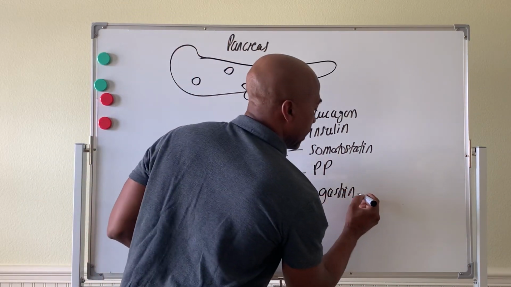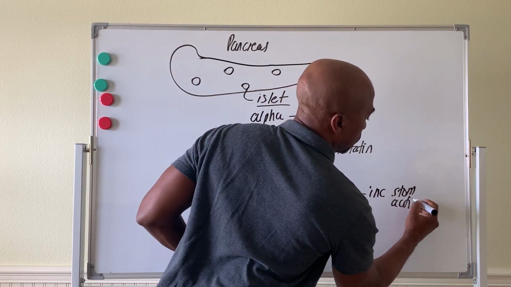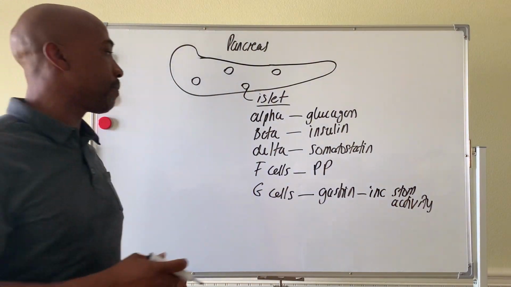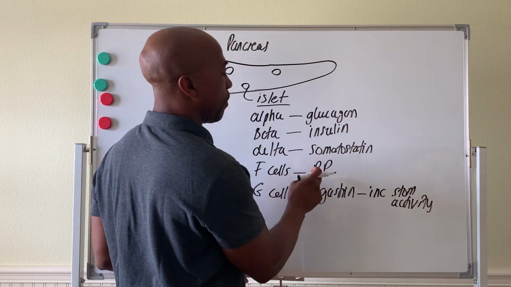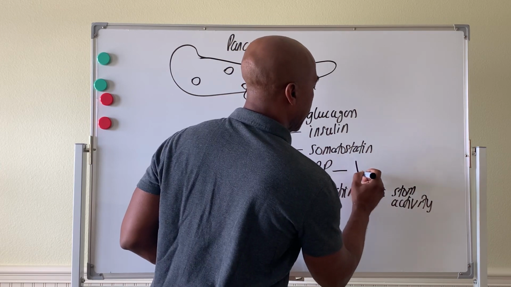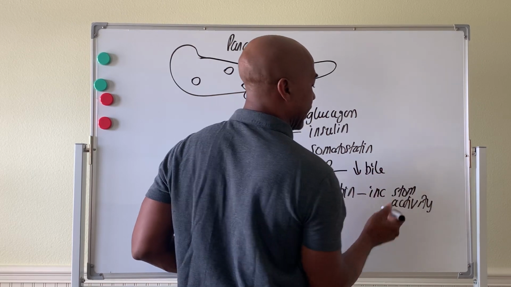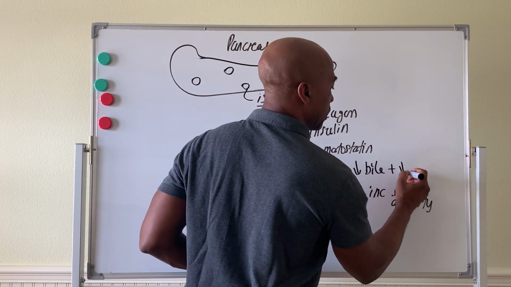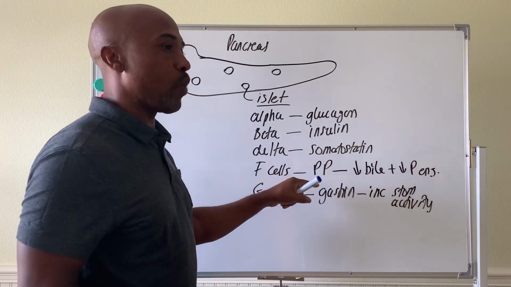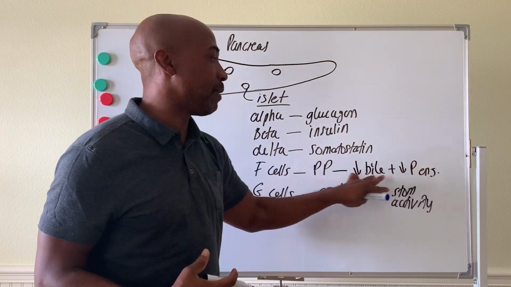Gastrin increases stomach activity, so it helps you to move the muscles in the stomach to help digest your food. PP, which stands for pancreatic polypeptide, tends to decrease the activity of the gallbladder, so you decrease bile release, and it also decreases the release of enzymes from the pancreas. Normally its job is to be active when there's nothing going on in your GI tract, so you want to suppress the release of both enzymes and bile.